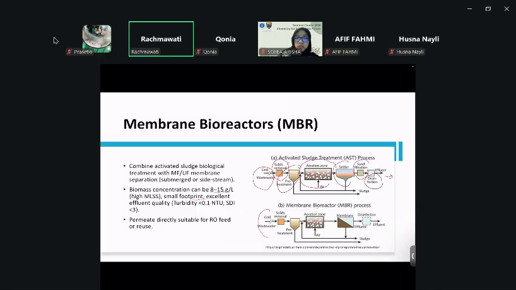I have wastewater over here, remove the solids, we have pre-treatment, aeration, but then this part over here is replaced by the membrane system. So you have the membrane over here, you have the sludge, but you have a permeate effluent, and it probably still requires some disinfection. It really depends on what kind of pathogen is inside, which might still require disinfection. Then you have the water that you want.